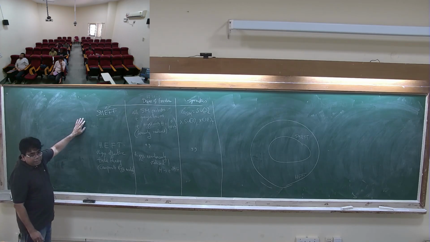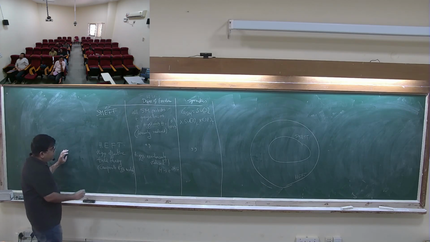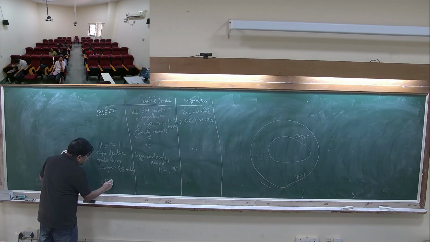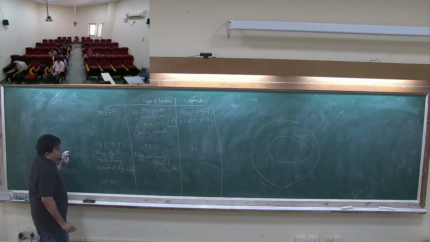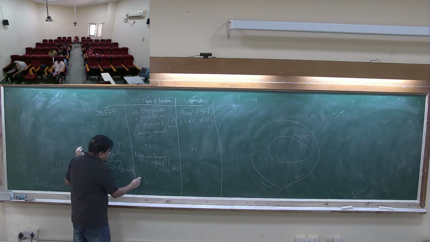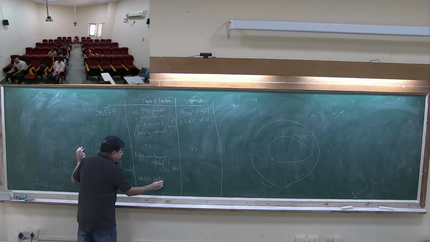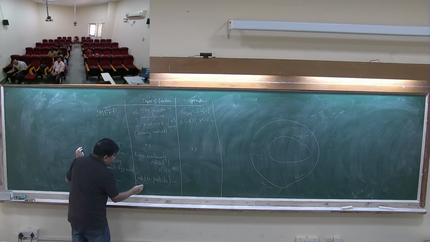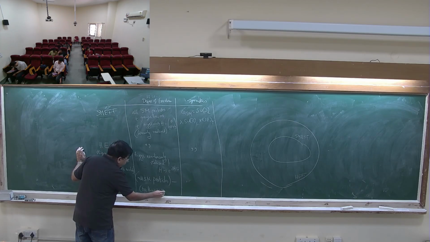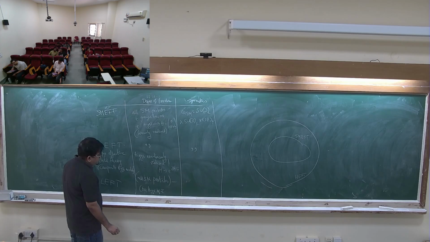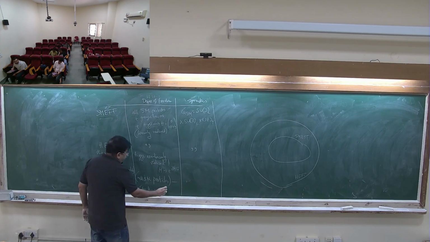So this is SMEFT. Then there is the low energy effective theory. All SM particles minus top, Higgs, W, Z, that's it.